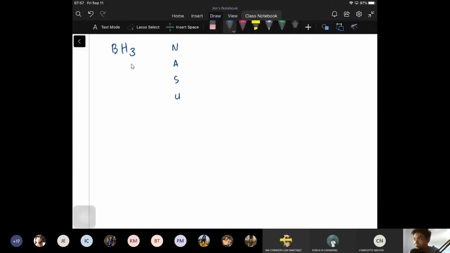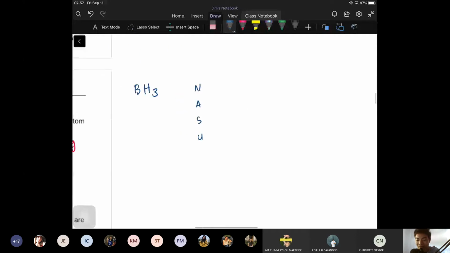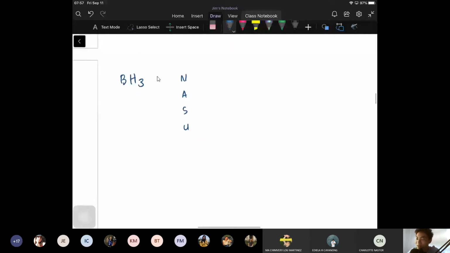Okay, so gawin natin yung NASU rule dito for BH3, si B. So for boron, since it is in the p orbital, ano yung idea ulit? Dapat kapag p orbital, dapat di ba mag-octet? So sige, tanggapin na lang muna natin ngayon. Okay, so kunwari octet siya. Si hydrogen wala tayong choice, dalawa lang yan eh.